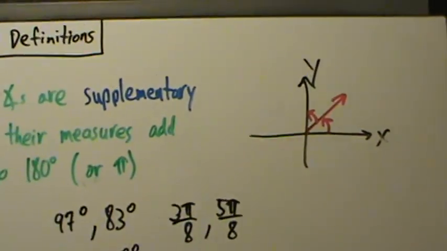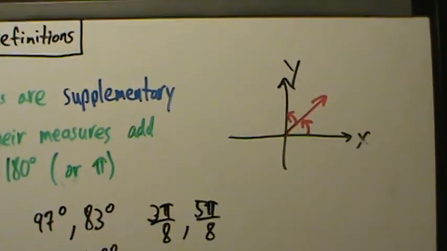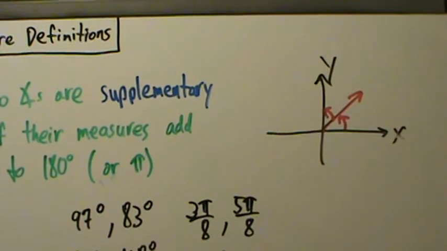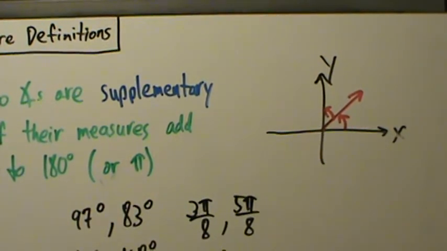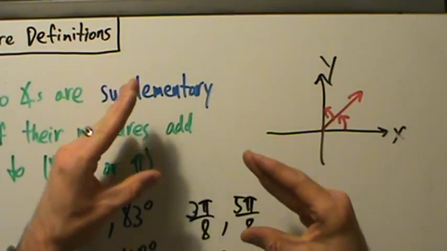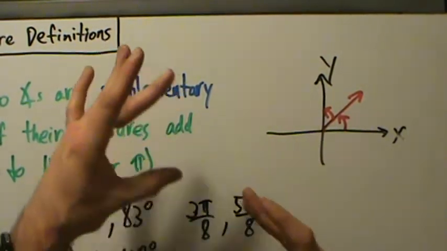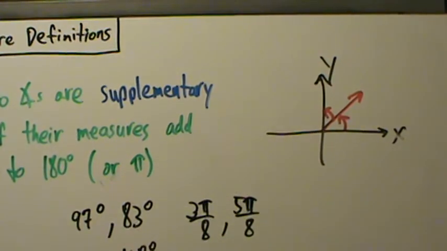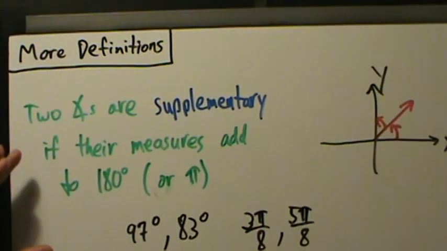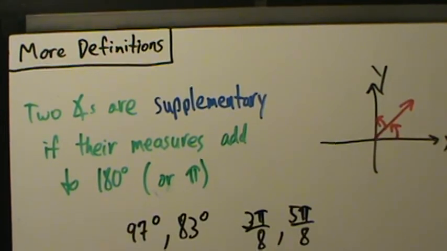But really, I don't feel like that's a good requirement, because if you take, for example, 46 degrees and 44 degrees, you can have a 46 degree angle over here and a 44 degree angle over here. If you add them up, you'll still get 90 degrees, so it doesn't matter where the angles are sitting, it just matters how big they are, so they're still complementary. Now, it might not be very useful if they're not sitting next to each other, but it depends on the application.